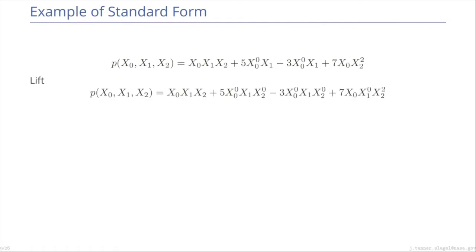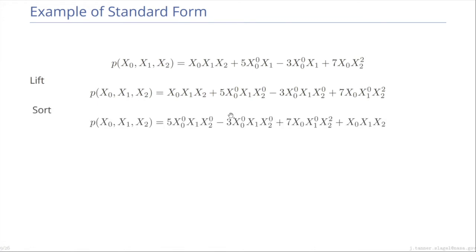The first thing I do is lift the multivariate polynomial so that each monomial exists in the same dimension, but also that that dimension is not redundant. x2 is actually being used in two of these monomials, so it made sense to lift the middle two monomials.